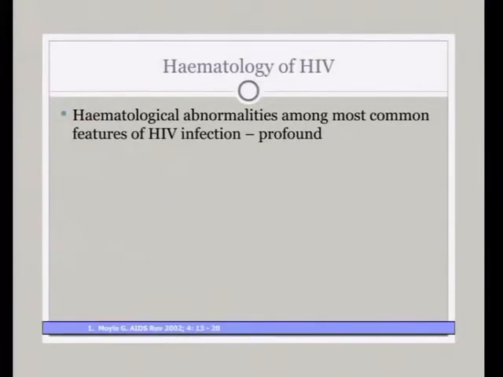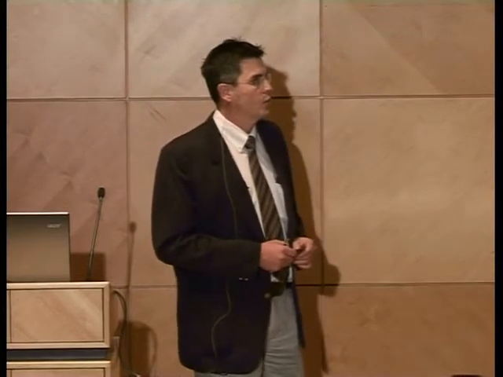In terms of hematology, the hematological abnormalities are some of the most common features in HIV. They are profound, and you can find them at the time when the patient actually gets infected and through the latent period in which the patient is asymptomatic as well. So it's not confined to advanced disease.